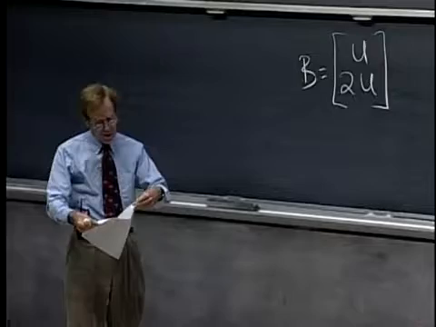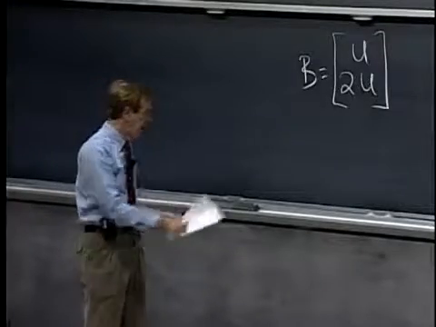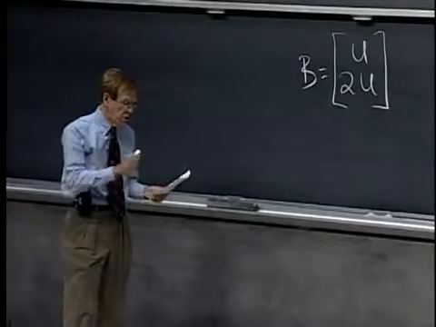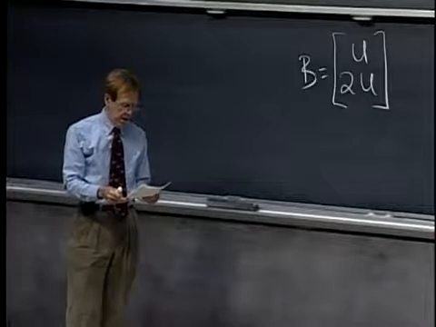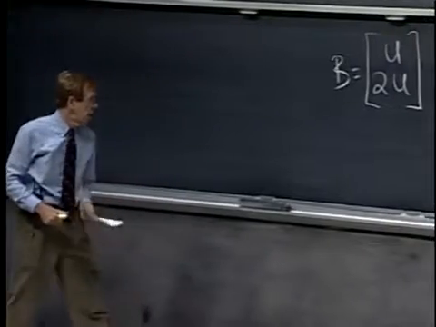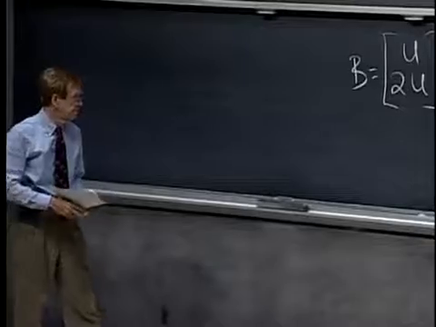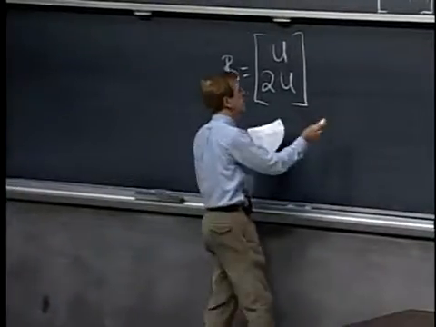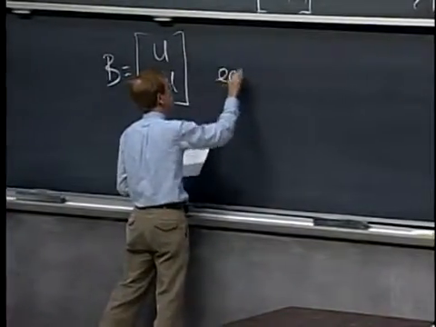This exam goes back a few years when I emphasized U more than R. Now, what's the echelon form for that matrix? So what's the rank and what's the echelon form?